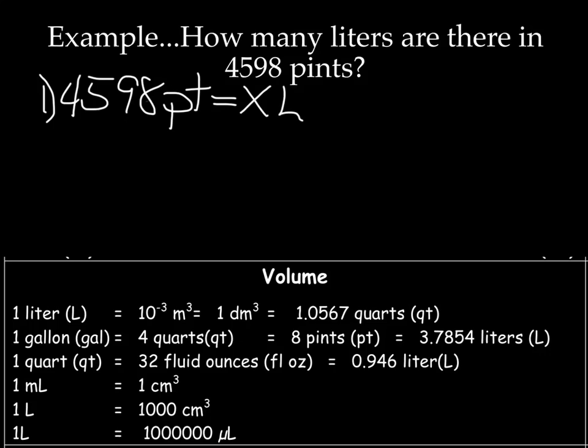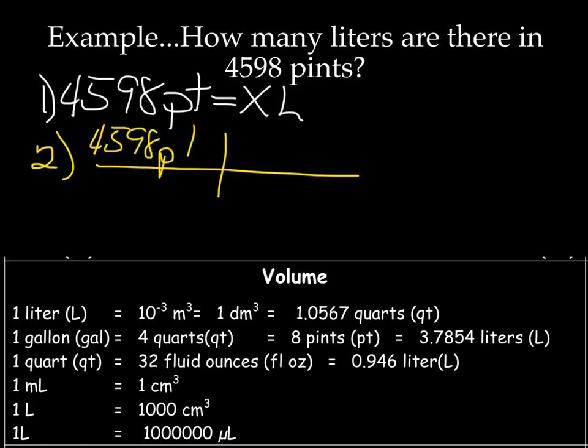Okay, step 2, write the grid and put our known in the grid. And again, we know 4,598 pints over 1.